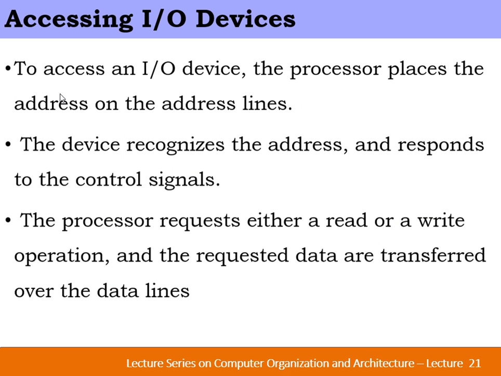Now I want to exchange information between the processor and an IO device. So let us check how the information can be exchanged and how exactly we can access an IO device. In order to access an IO device, the processor has to provide the address of the device on the address lines. If any device needs to be communicated, then that particular IO device address has to be provided.